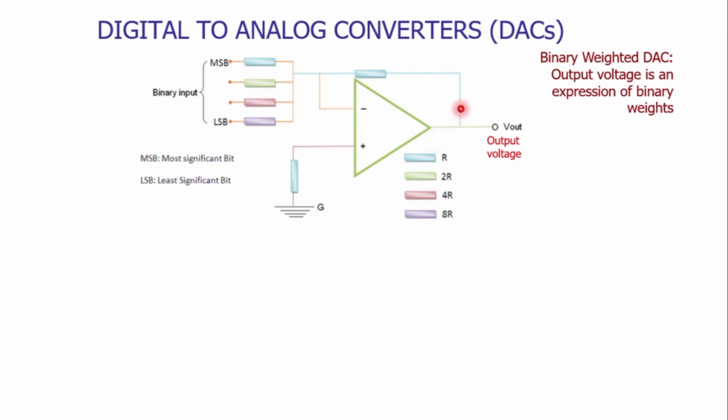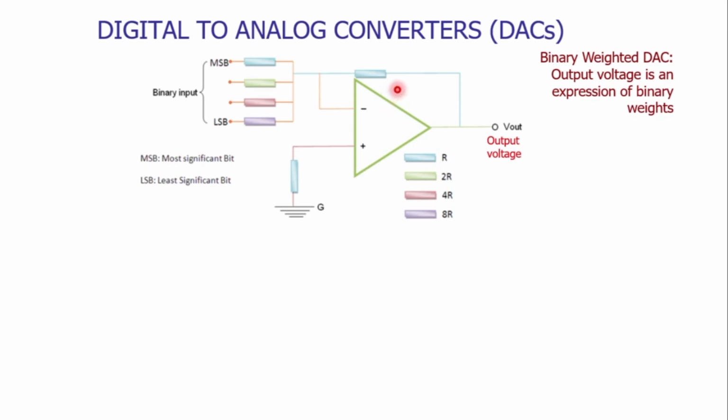We are taking the feedback from the output and giving that feedback to the inverting input terminal. So this operational amplifier we are using in inverting mode. The function of the inverting mode operational amplifier we have already studied in our previous lecture.